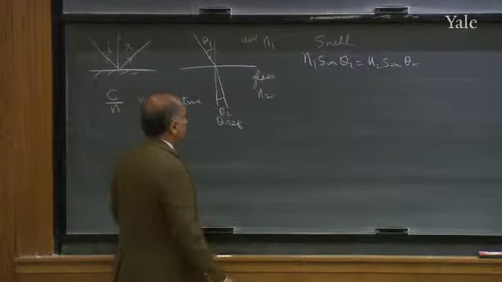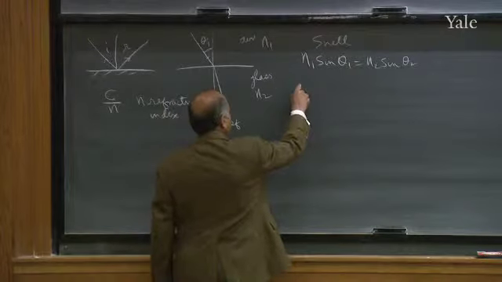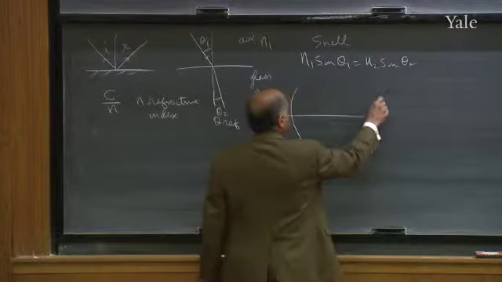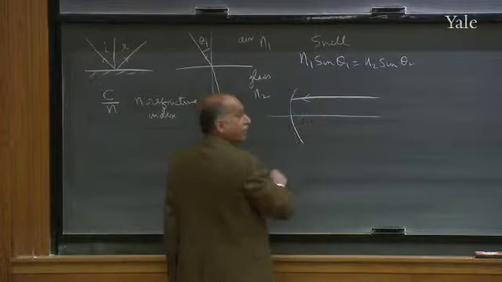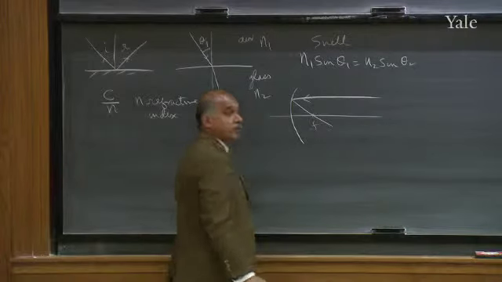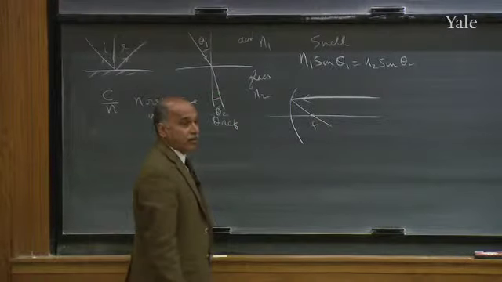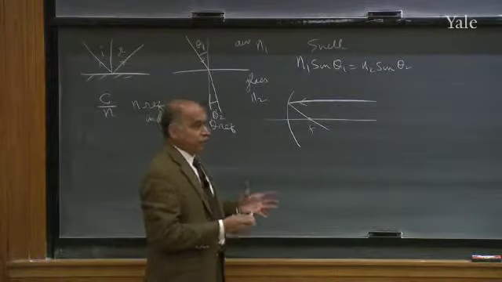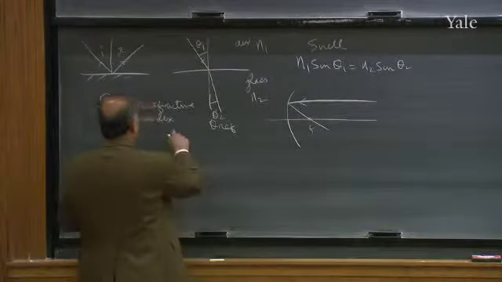You look at mirrors, parabolic mirrors, where if a light ray comes parallel to the axis, it goes through what's called the focal point. Every parallel ray goes through the focal point, so you can use it to focus the light. That's what you see whenever you have these antennas.